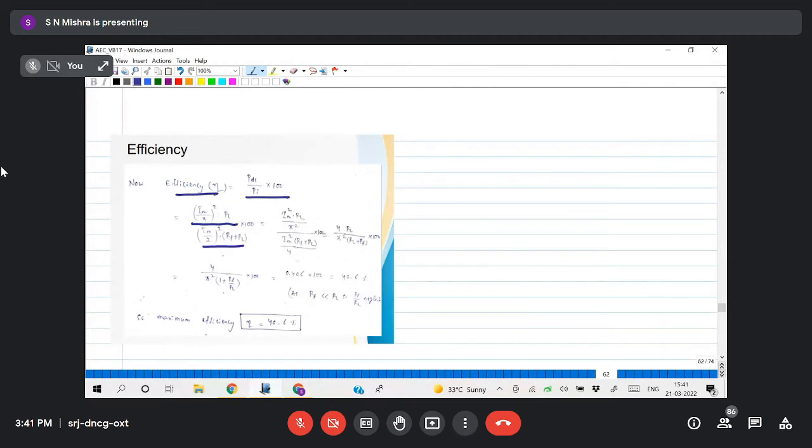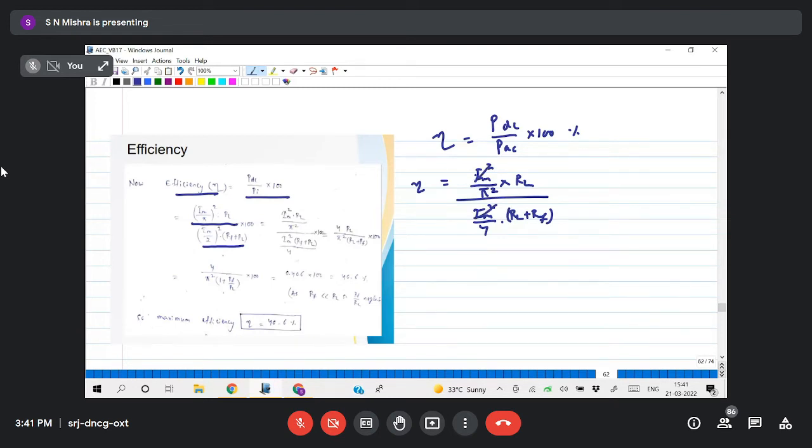So if I write again here, PDC by PAC into 100%, eta equals Im square by pi square into RL divided by Im square by 4 into RL plus RF.